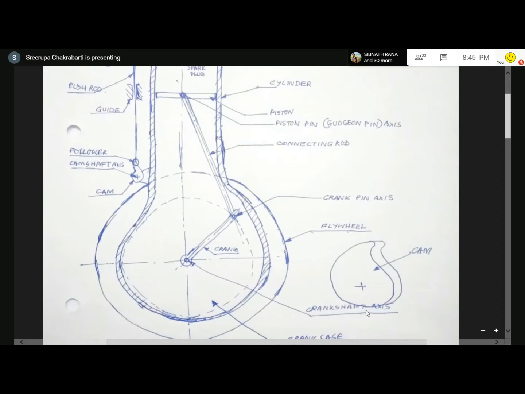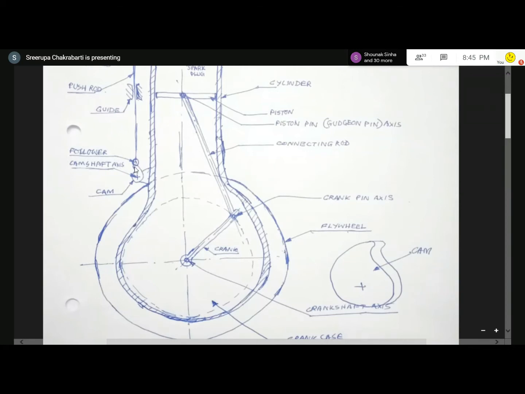That means, you see, this is a three-dimensional view. On the surface of the cam, we have got a roller, a small cylinder. I have shown that follower, it is called a follower also. It is a roller or follower cylinder.